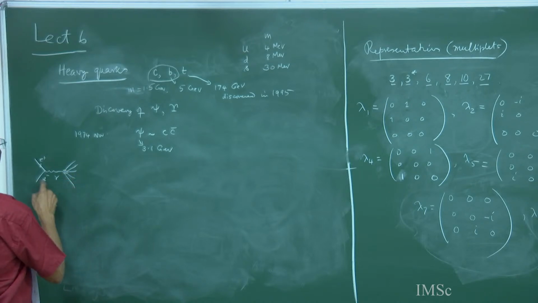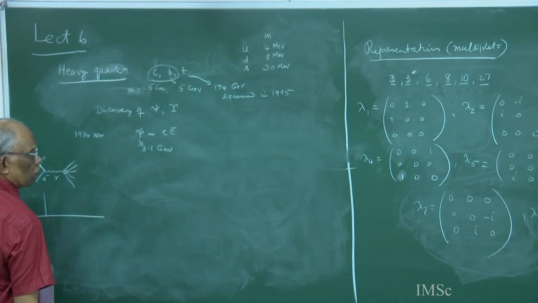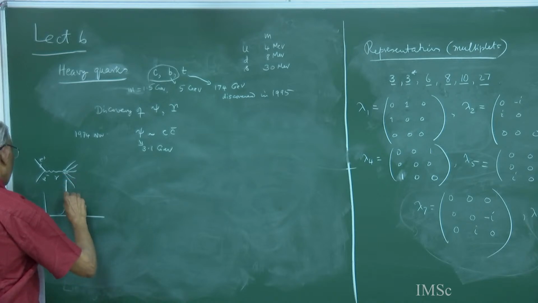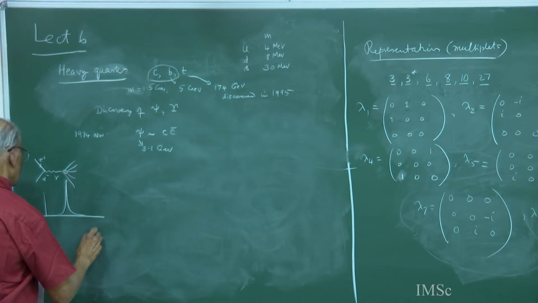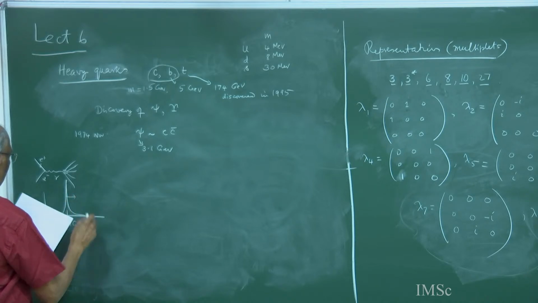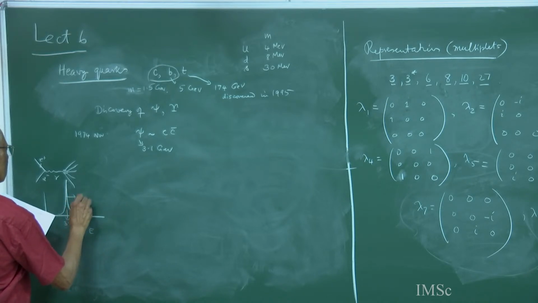In this, when they calculated the cross section for this, again they got a resonance, but this is not the delta resonance or anything. It is very, very narrow, almost like a delta. And the half width was about 60 keV.